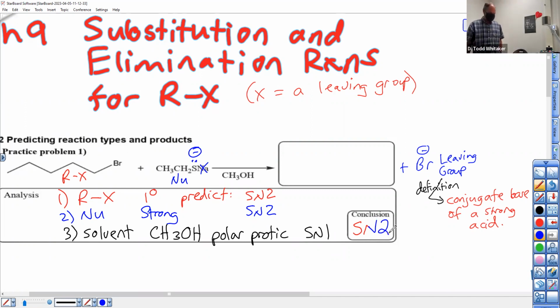Okay. In an SN2 reaction, you remember what backside attack is? That is a backside attack reaction between 2 different molecules. Here's the sulfur coming in from the backside of the leaving group. And the leaving group is doing what leaving groups do. It's leaving. And you get this result.